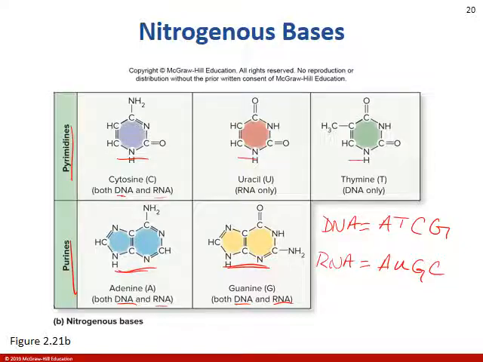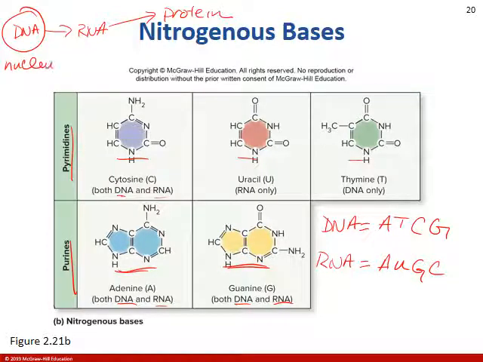So the basic way to think about these is that DNA is going to copy itself into RNA, and then the RNA is going to be processed into a protein. The DNA stays inside the nucleus.